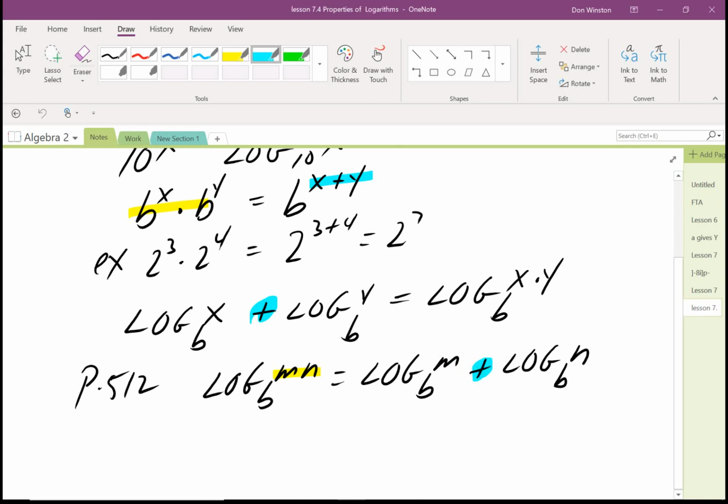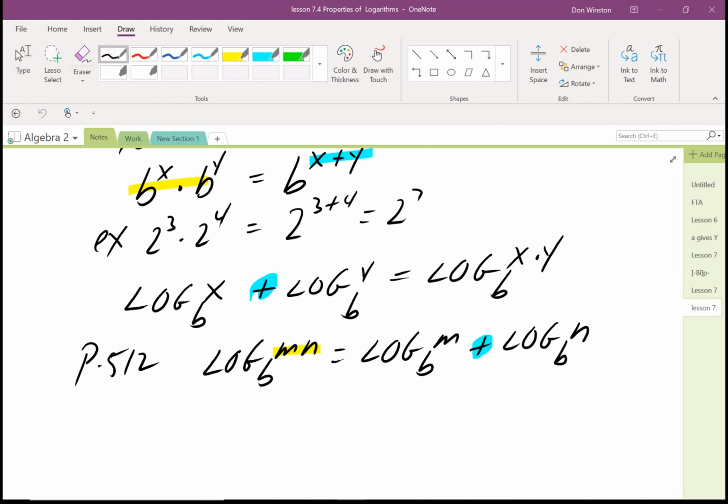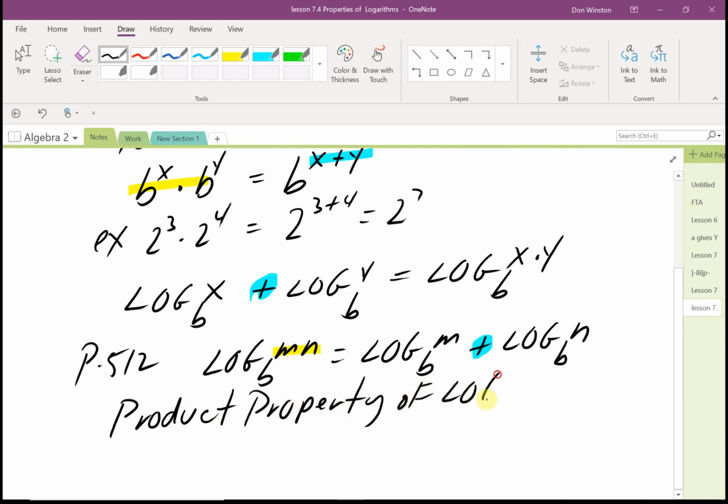When we multiplied powers, we added the exponents. So key property of logarithms. We call that the product property of logarithms.